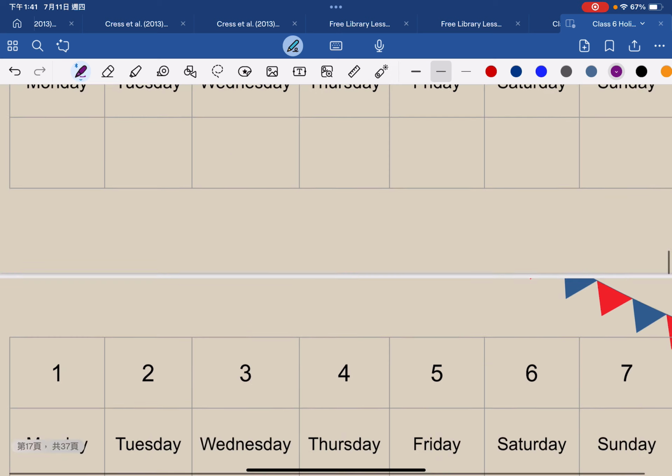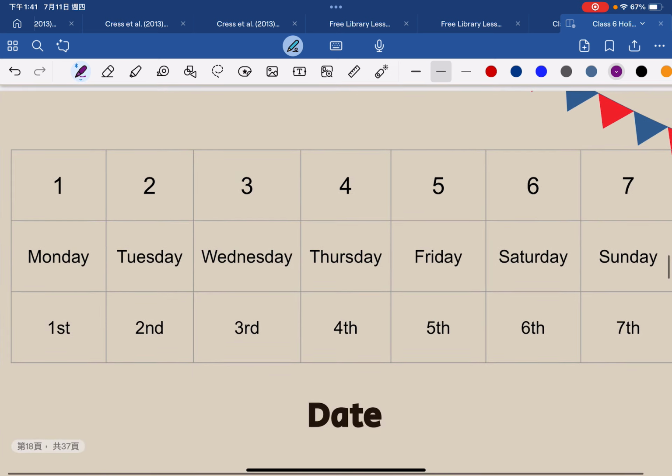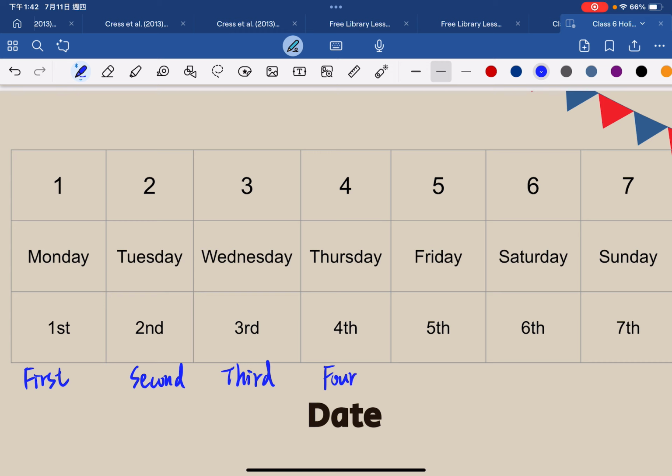So if you are talking about date, D-A-T-E, you are counting the numbers, right? You're counting from the first day of a month to the last day of the month. So when you are counting, the dates are written differently. So here, if we are counting, we have first, second, third, and fourth, fifth, sixth, seventh.